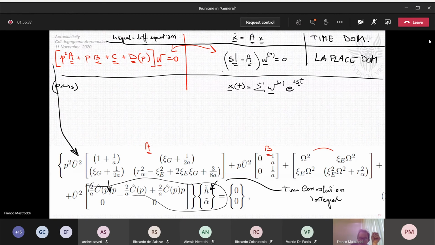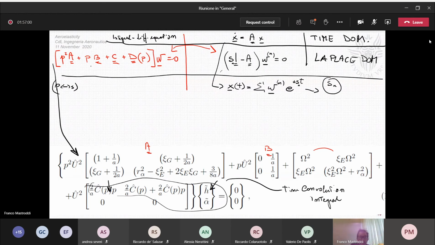And so since you have this solution for the free problem, then stability is ensured by these poles or exponential characteristic of this equation. You know this, and so you have just to check this number.